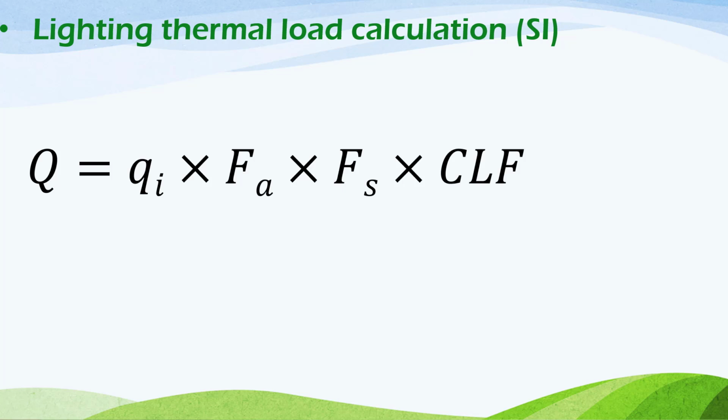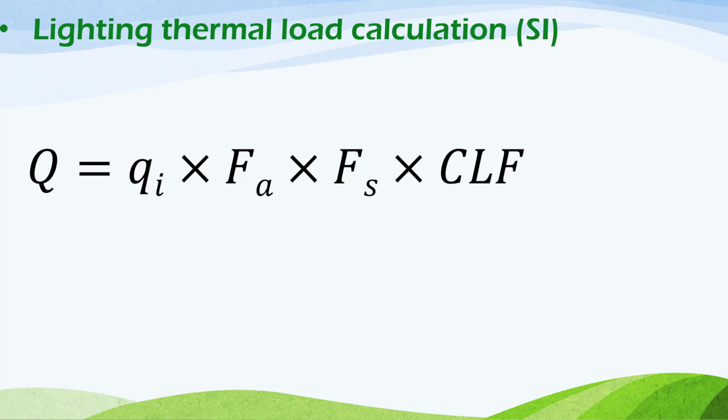You can note that this equation is very similar to the equation that we used to calculate the lamp's thermal loads in the IP system, except that we cancelled the factor 3.4, which was used to convert from watt to BTU per hour, as here in the SI system we are working in watt, not BTU per hour.